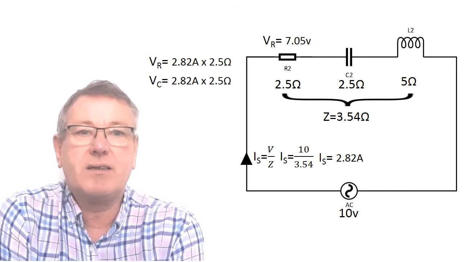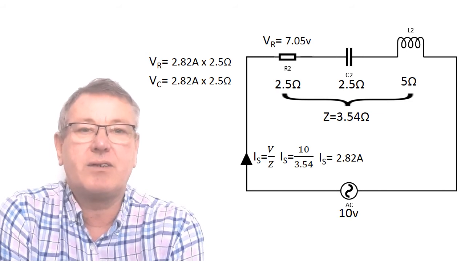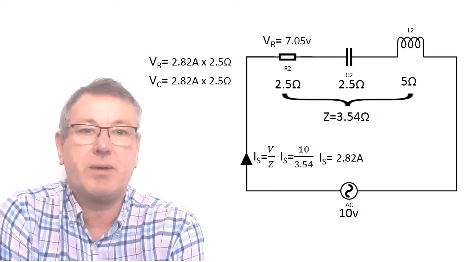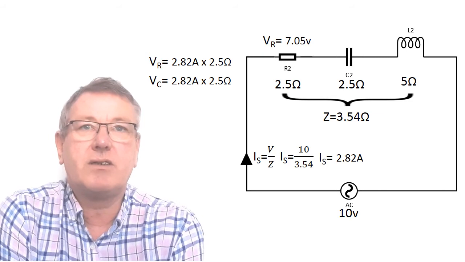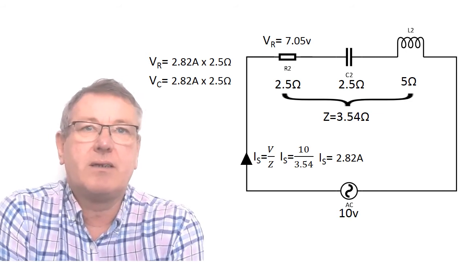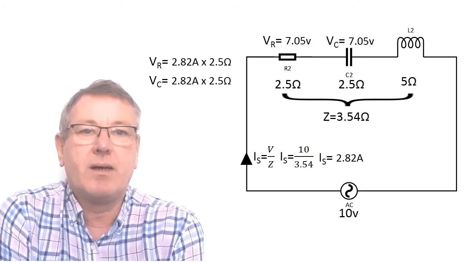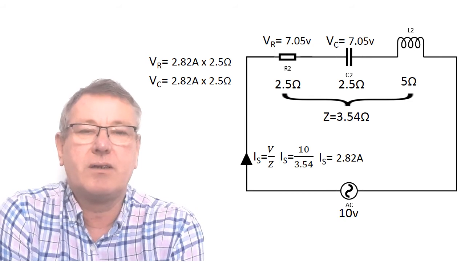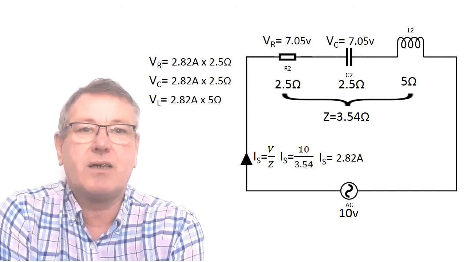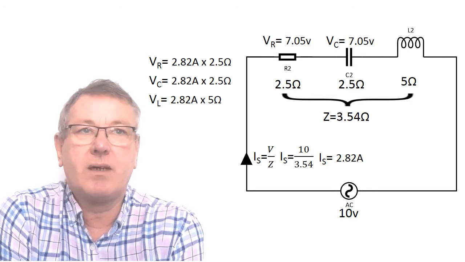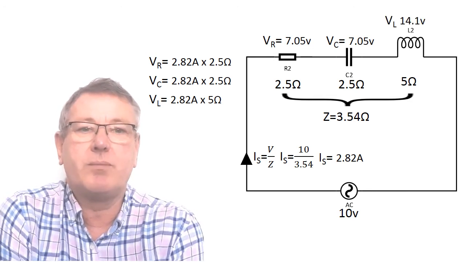So VC equals IS times XC, the capacitive reactance, which is 2.82 amps times 2.5 ohms, which gives us 7.05 volts. And we can do the same for the inductor. So VL equals IS times XL. So VL equals 2.82 times 5 ohms. And that gives us a volt drop of 14.1 volts.